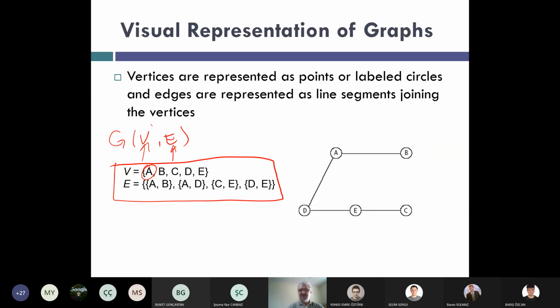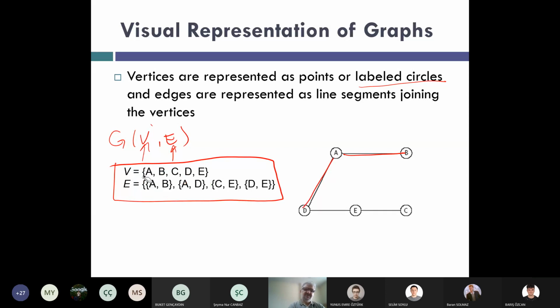So each vertex is represented by a labeled circle, and edges between vertices are represented by lines joining the vertices. So this edge is represented here, this edge is represented here, etc.